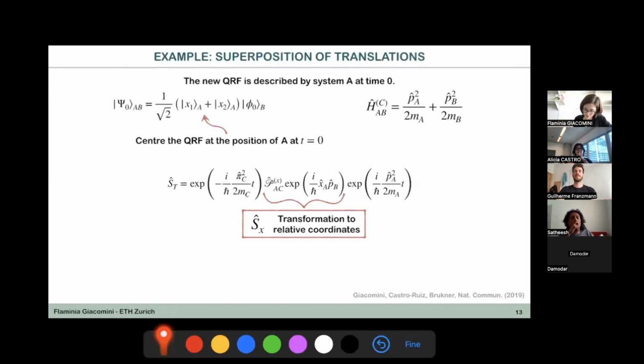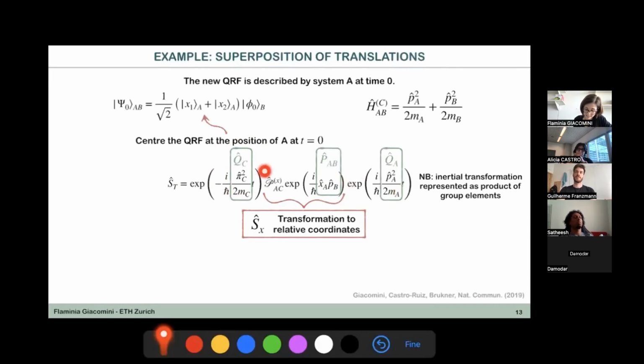That's where I center my quantum reference frame. This might sound strange, but actually, when you look at the group representation that I showed you before, this is very intuitive, because this is just the product of some elements of the group that I showed you, because this is just what substitutes the time translation in the quantum reference frame A. This is the equivalent of the transformation to relative coordinates, so the translation operator in quantum reference frames, and this is again the new Hamiltonian.